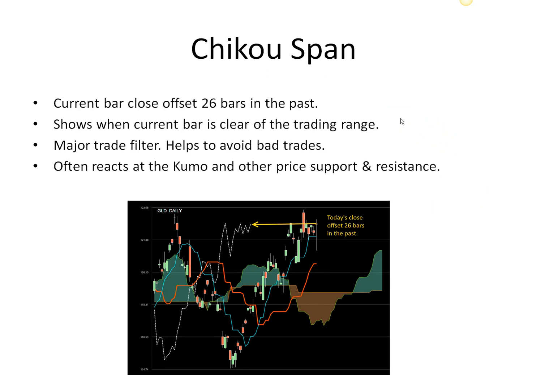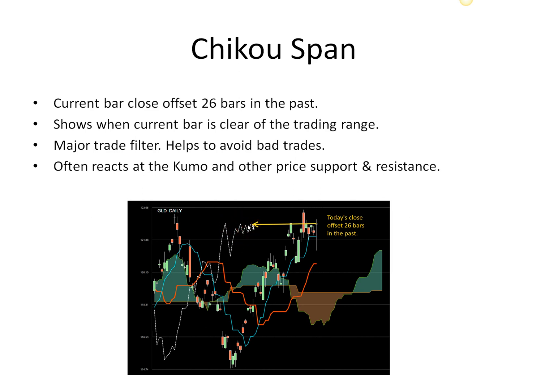The third component is the Chikou Span, and the Chikou Span is very simply today's close offset back 26 bars. So it's 26 bars in the past. Now, the value of the Chikou Span is it's going to show us when the current bar is clear of the trading range, and that becomes obvious when it's just out in the open, clear.